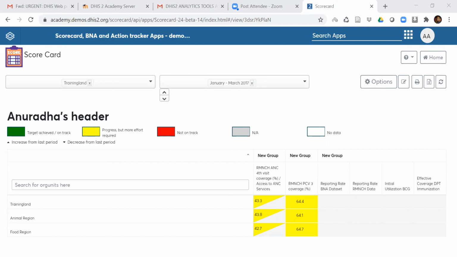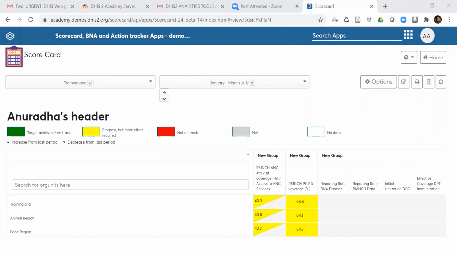And of course, as Deepal mentioned, you can always export data and import it to another statistical application. That is one. Yes, as Derek mentioned, you can do development of web apps. So basically, what you are seeing here, the scorecard or the WHO data quality app, are also DHIS2 web apps.